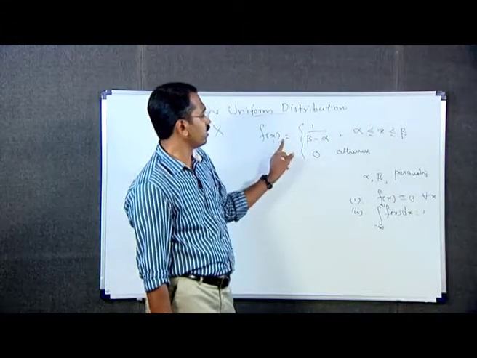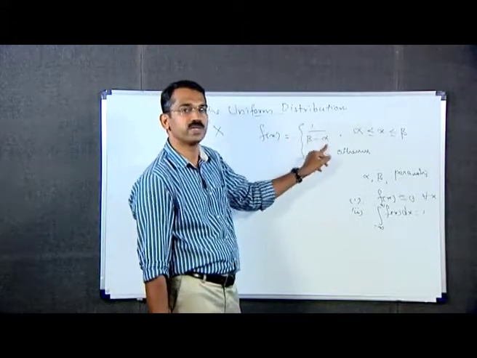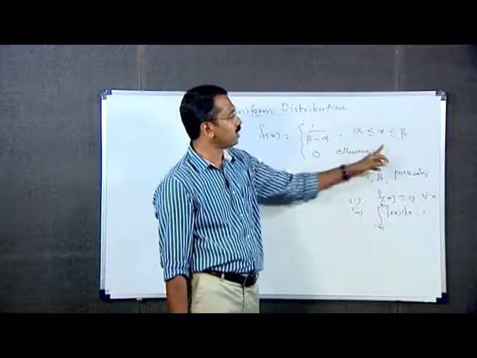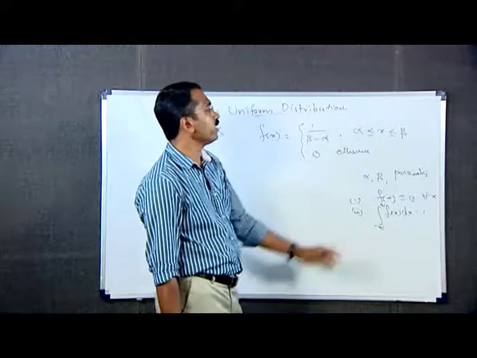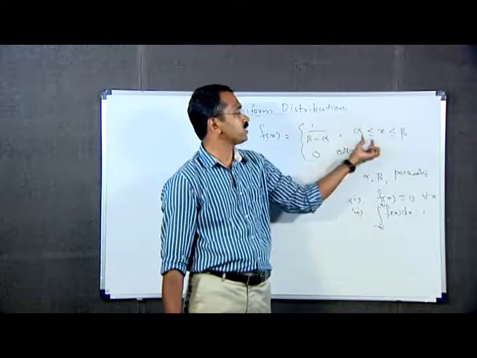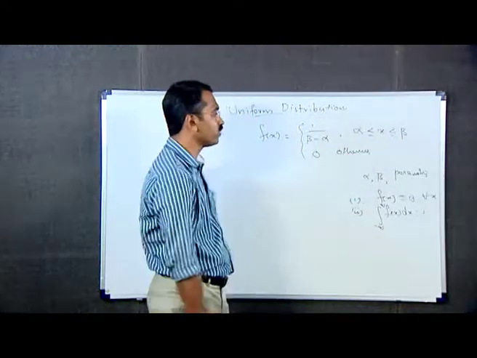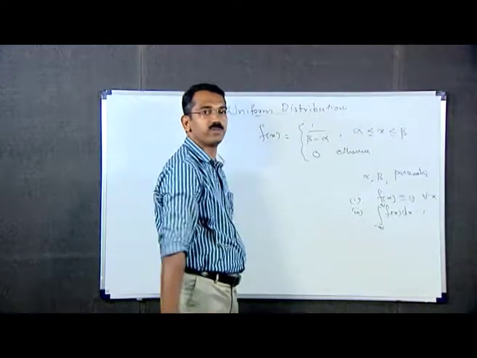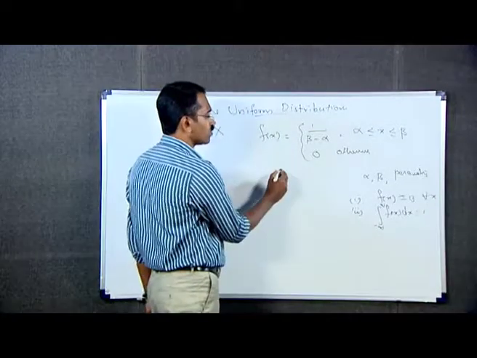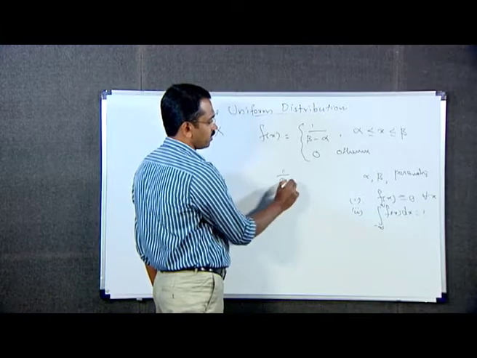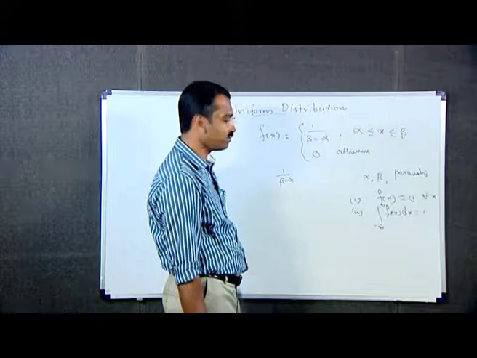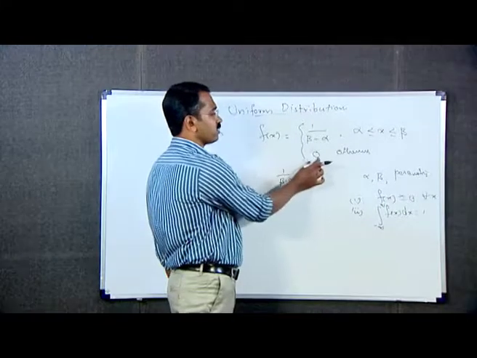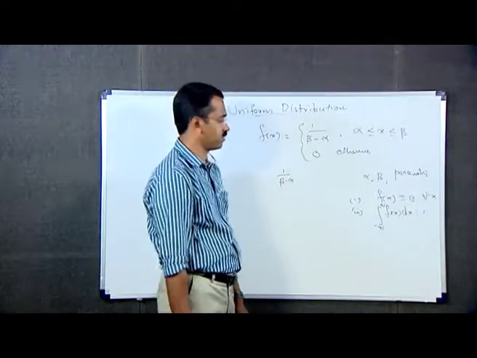Here note that f of x is 1 divided by beta minus alpha, where alpha and beta are two constants. Here beta is greater than alpha, therefore this term 1 by beta minus alpha is always non-negative, and f of x is equal to 0 otherwise.